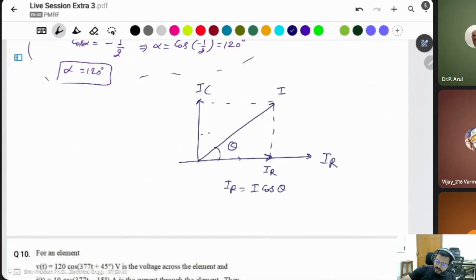Opposite of this one is IC. That means IC is I sin theta.